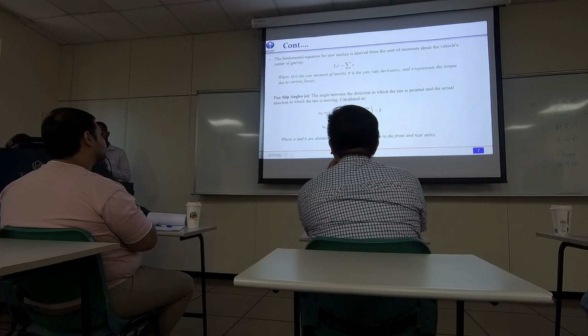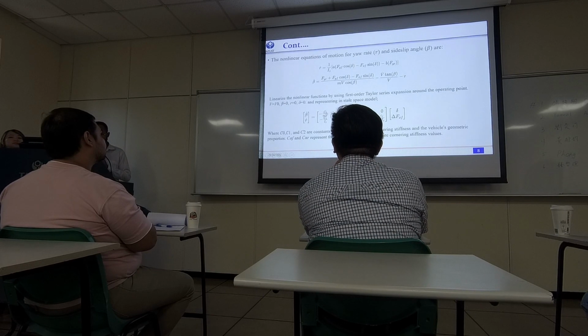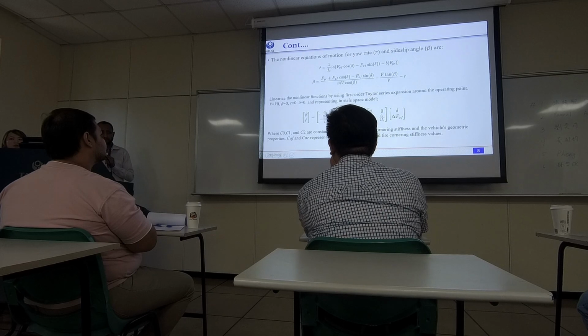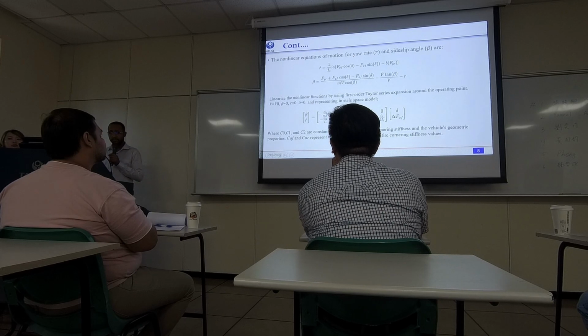Combining all this together, we can find the nonlinear equation of motion for the yaw rate and the side slip angle beta this way. And we have to linearize this nonlinear equation using the first order Taylor series expansion, rearranging the equations and putting them together in a state space model, we will get this form.